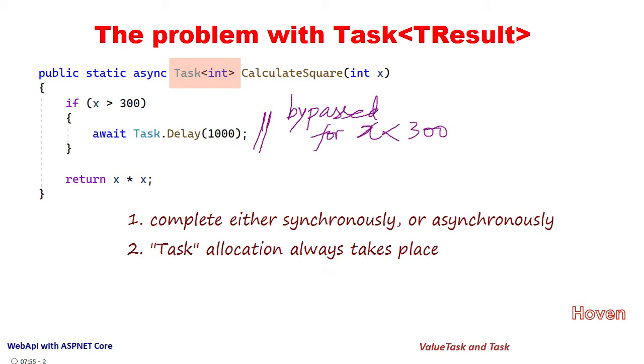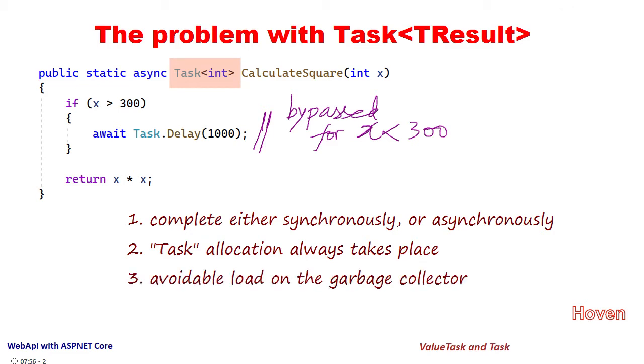And secondly, a task allocation will always take place irrespective of whether the function finishes synchronously or asynchronously. Each allocation takes place on the garbage collected heap because a task is after all a class.